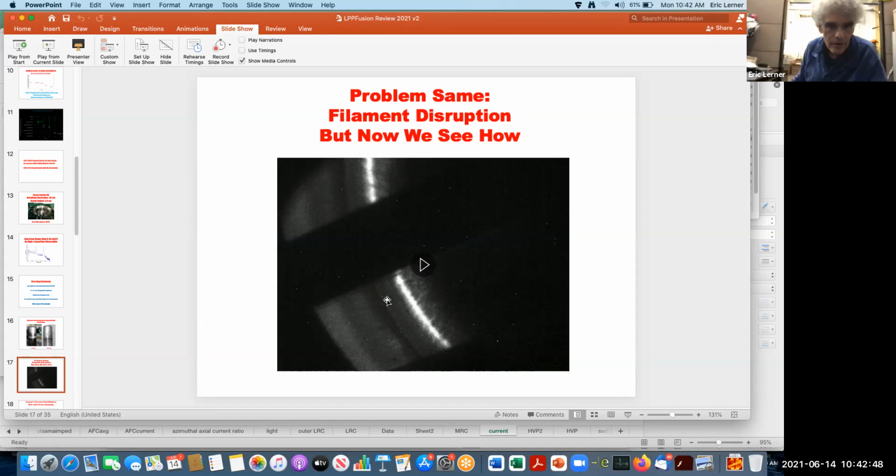So the pulse is starting here from the insulator, and you first see the single bright line of the sheath. But as this starts at about 200 nanoseconds, as we get beyond 200 nanoseconds, you see something happening and the sheath looks double.